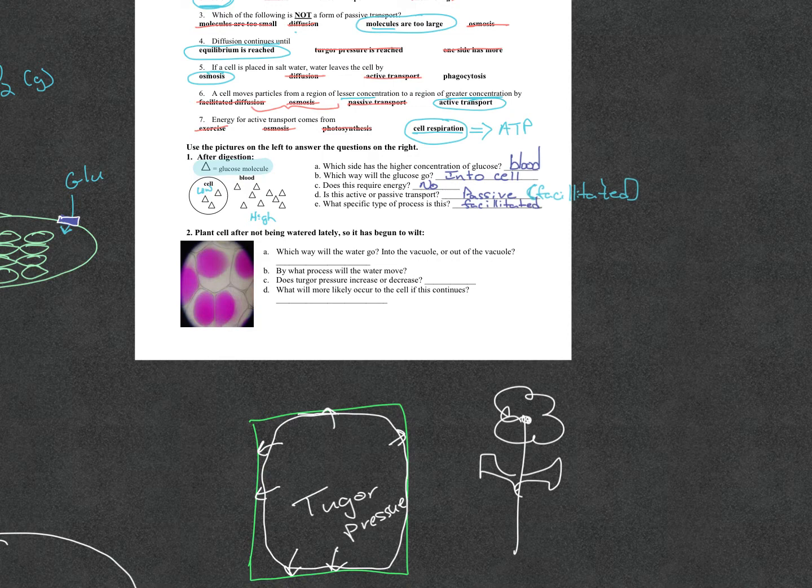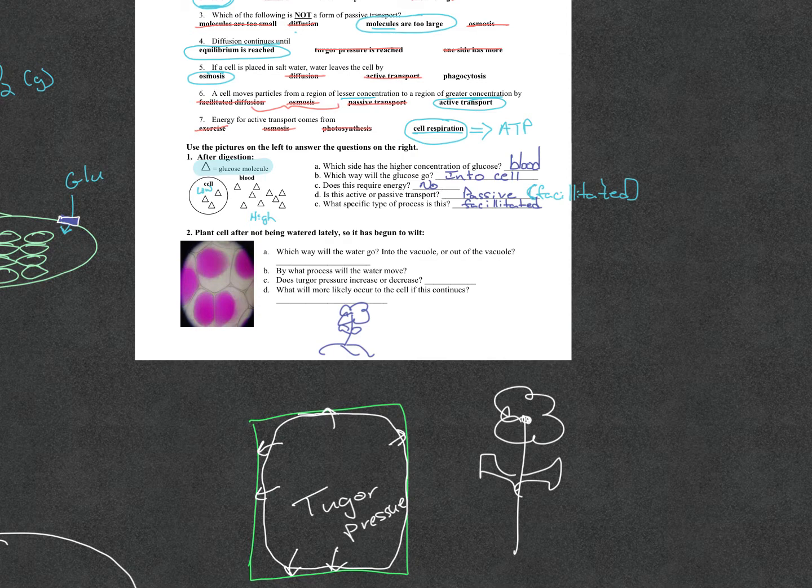Which way will the water go in this picture on the left? If you have a plant cell after not being watered recently, you have to think about it. You have a plant, has roots, has a leaf, and you have water.